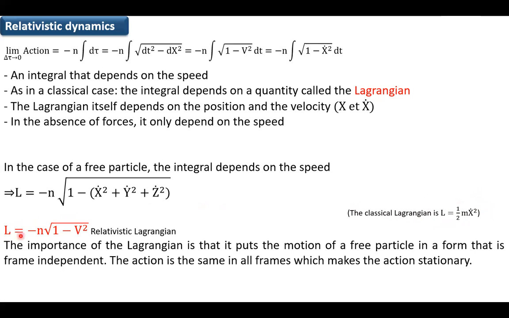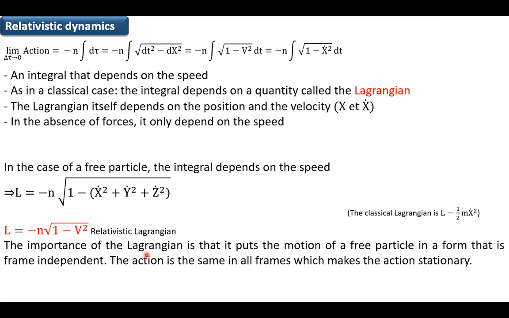But in relativity, the relativistic Lagrangian of a free particle is minus n, and we will see about n later, radical 1 minus v squared. So whatever you do with your equations, you will always find this radical of 1 minus v squared, or radical 1 minus v squared over c squared if you are taking c different from 1.